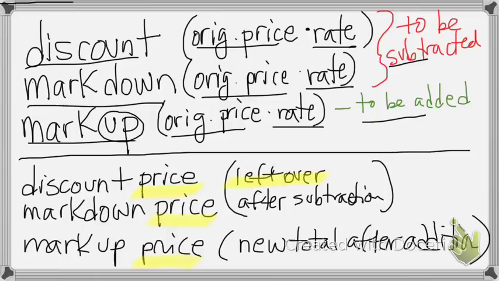What is left over after you subtract the discount or the markdown? That's going to be your discount price or your markdown price. Now with markup price or price after markup, you're going to have a new total after the addition of the markup. Those are just some clarifications I wanted to make.